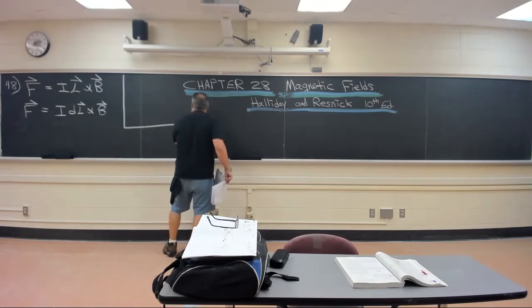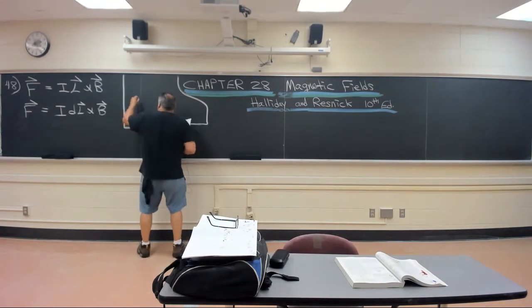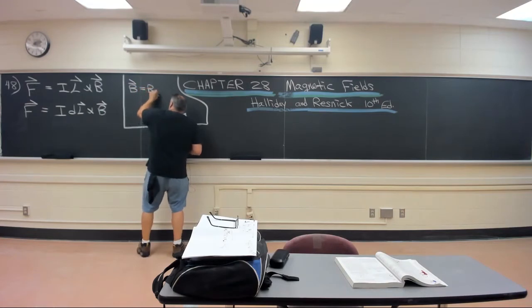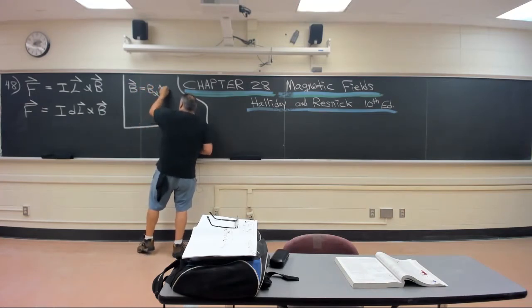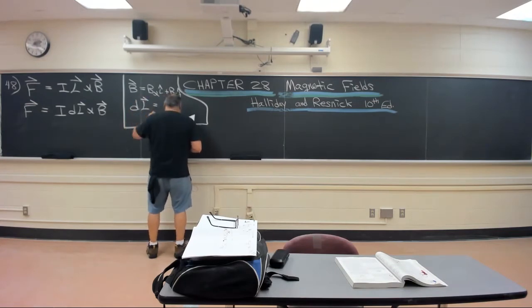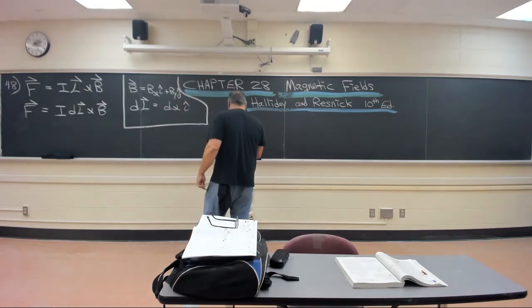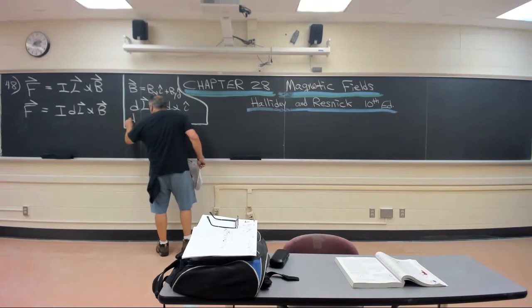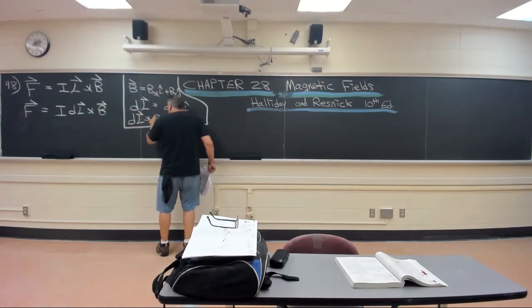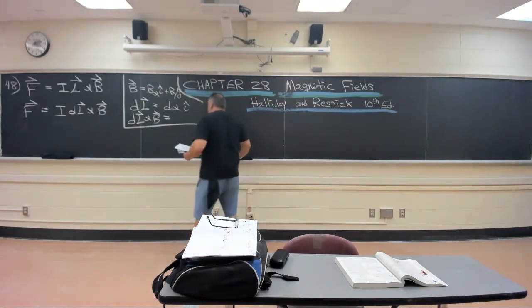They gave us B vector with an X component and a Y component. dL vector is going strictly in the X direction. It's looking something like that. So when you're going to actually do dL vector cross B vector, let me give myself a little more room here.